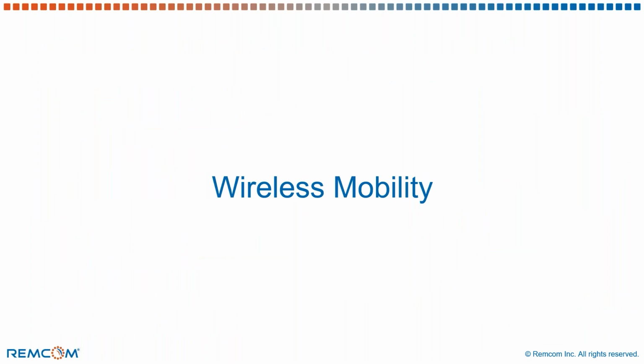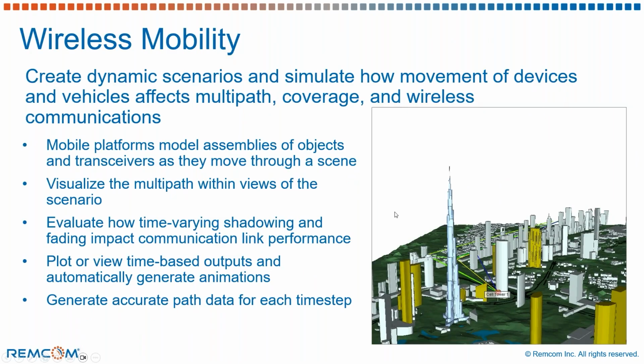Going on to the new features, Wireless InSite Mobility allows you to create dynamic scenarios and simulate how movement of devices, vehicles, and people affect multipath coverage of wireless systems and communications. Mobile platforms are assemblies of objects and/or transceivers and let you move them through a scene, maintaining their physical relation to one another.